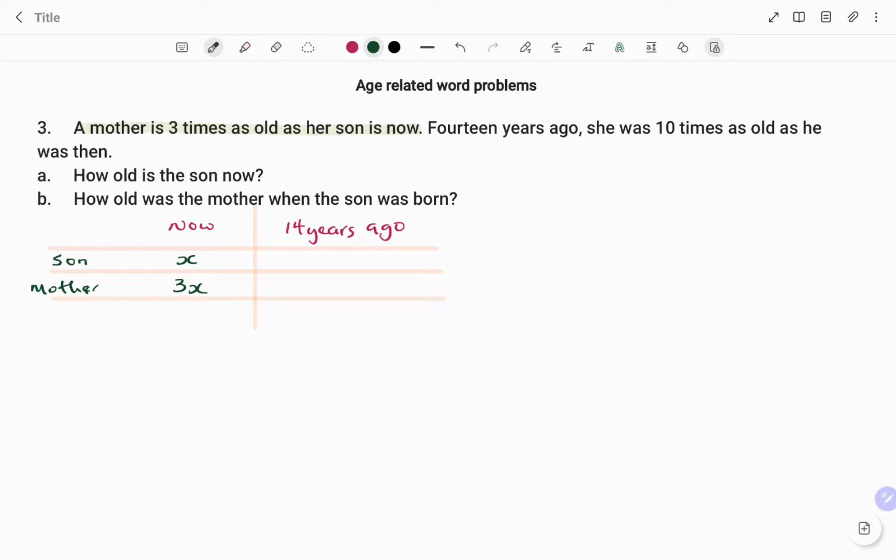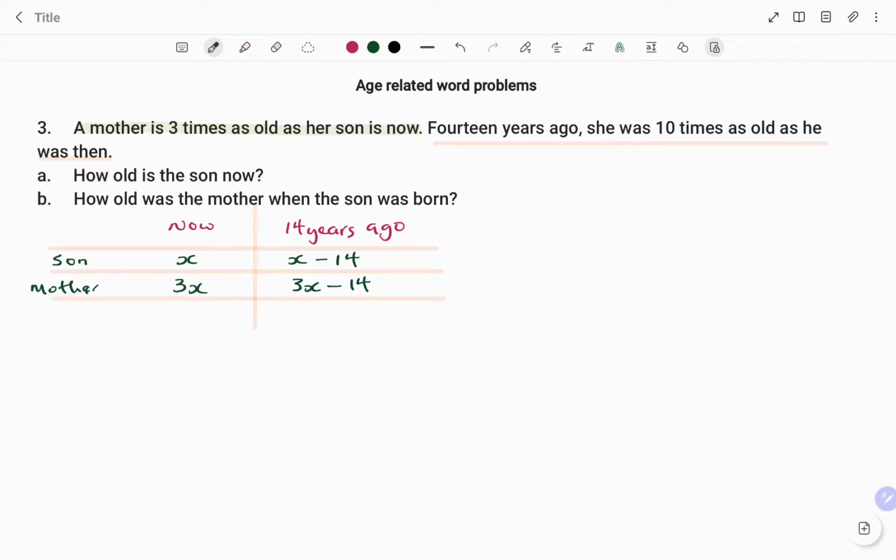The next statement says, 14 years ago, that's in the past, she was 10 times as old as the son was then. So what that means is 14 years ago in the past, the son will be x minus 14, and the mother will be 3x minus 14.